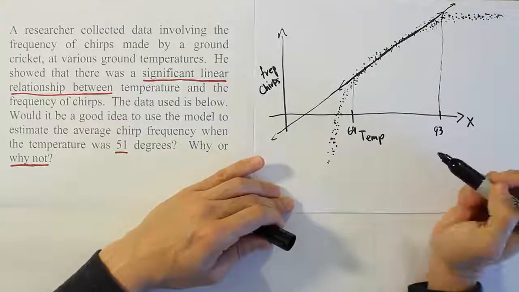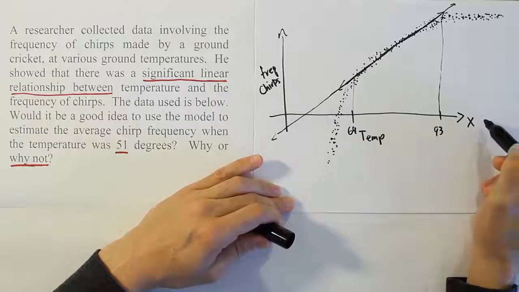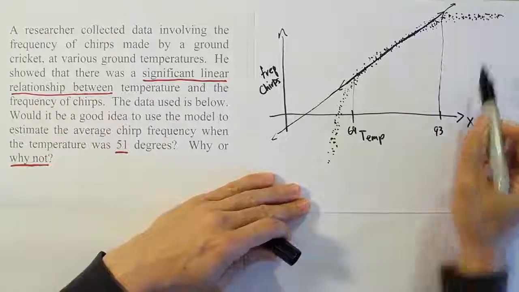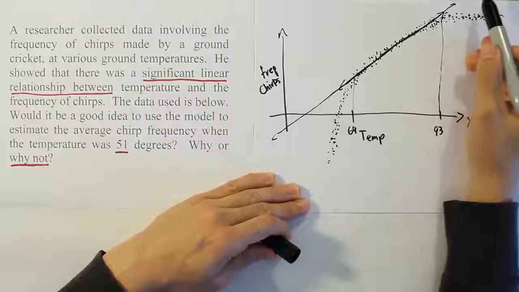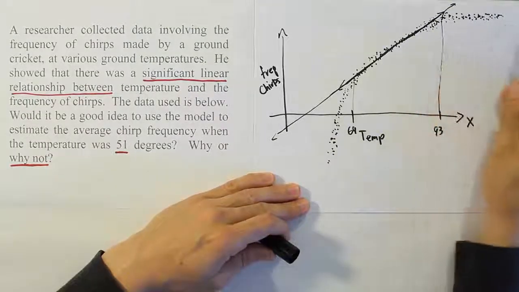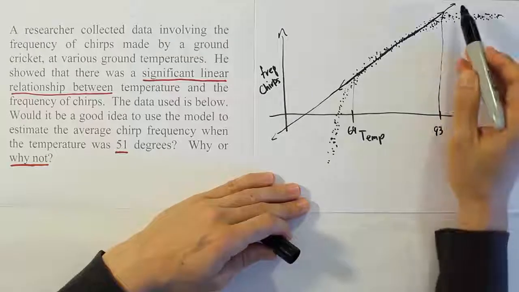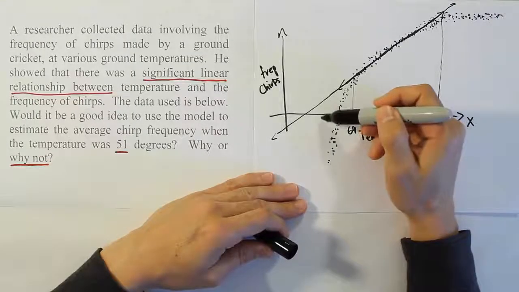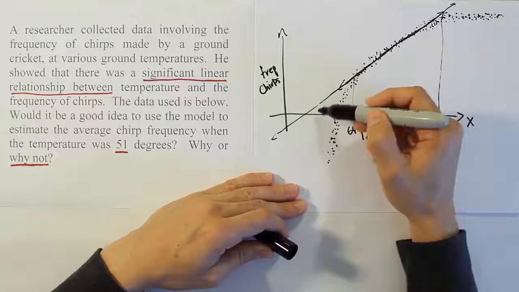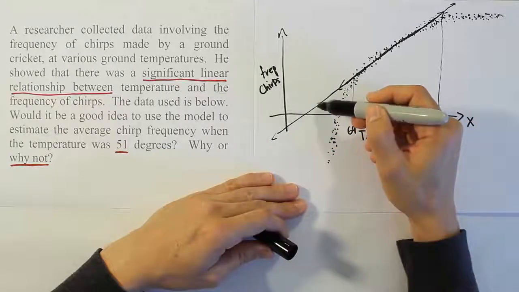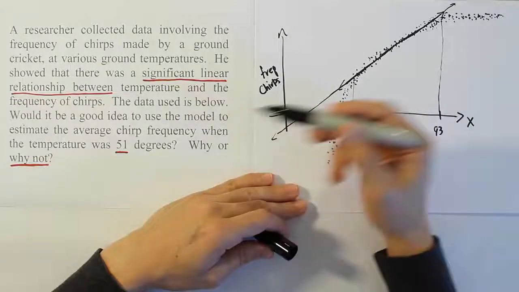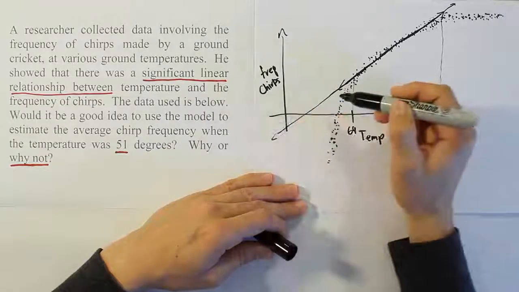So what will happen if we try to make predictions after 93? Well, we'll predict that the data values will keep rising. The frequency of chirps will keep going up. But in reality, they would taper off to some constant value, and we'd be way off in our predictions. And same here, when we look at 51 degrees down here, we're going to predict the chirps to be here, but maybe it's really way down here, because at 51 degrees the crickets are about frozen to death.